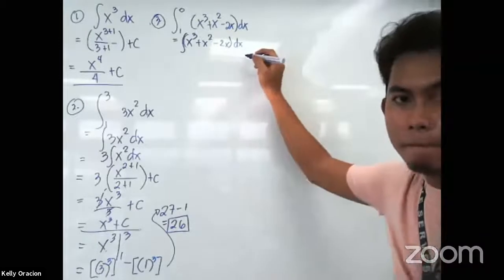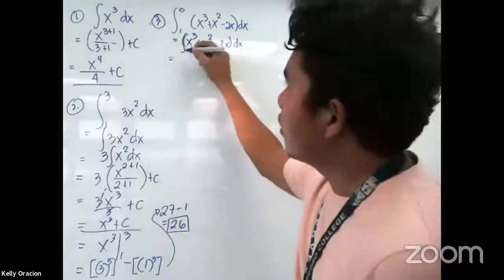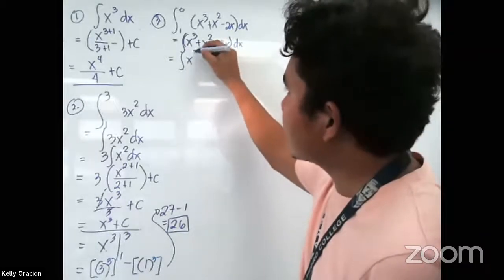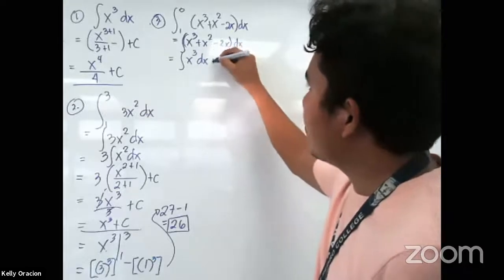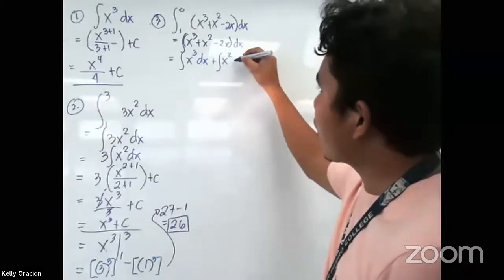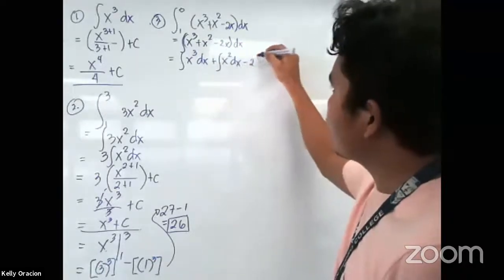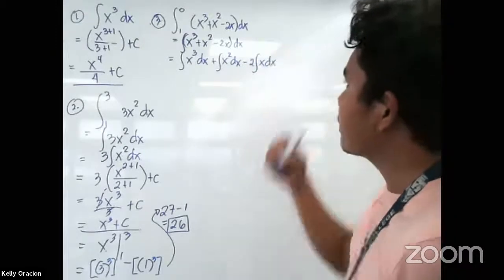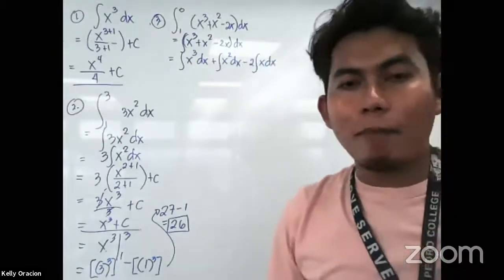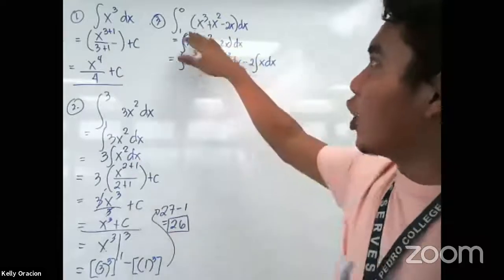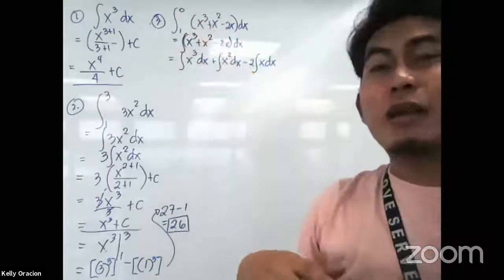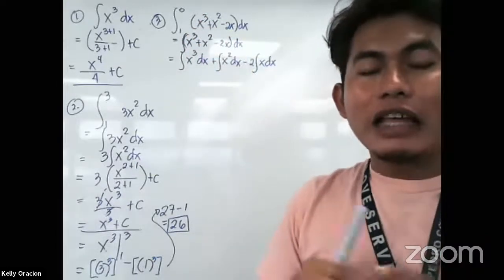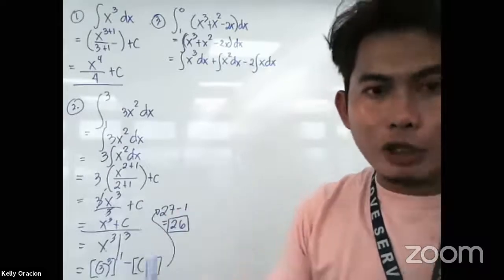Yan. So, let's solve. So, x cubed dx plus x squared dx minus 2x dx. So, ang process, kumbaga po sa integral, i-separate per term. I-solve mo siya term by term.